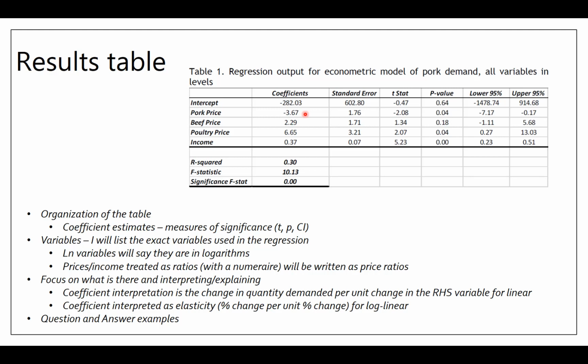But there'll also be a couple of questions about whether these are good quality estimates. What would you expect the impact to be if the poultry price wasn't included? What would you expect if we added the price of wheat, or the price of bread, or the price of some other good in this pork demand equation?